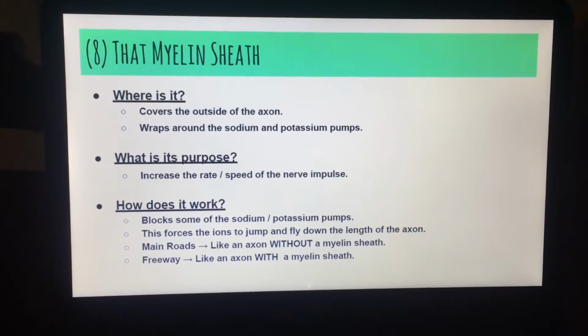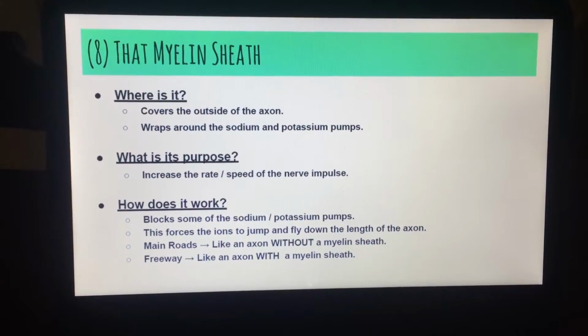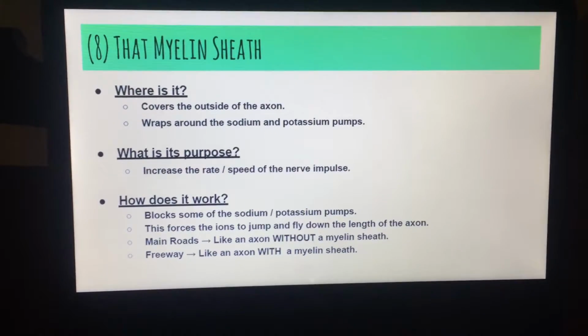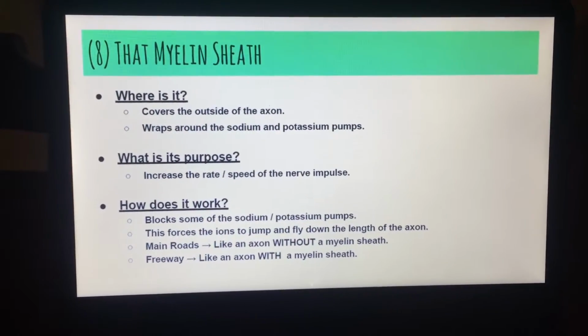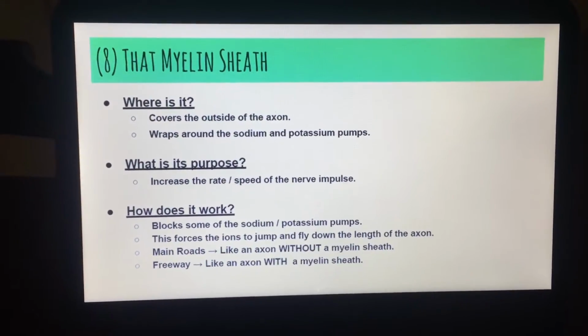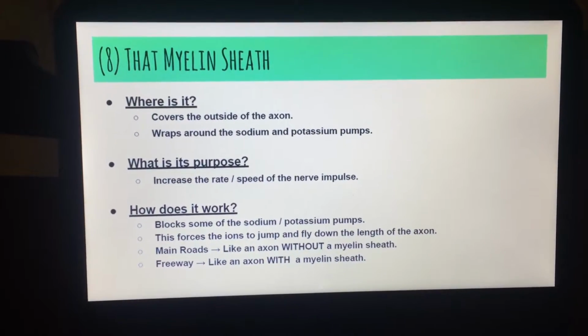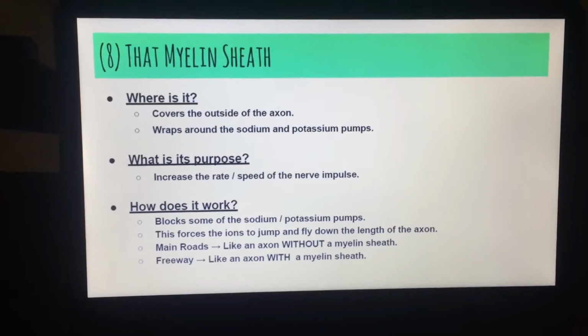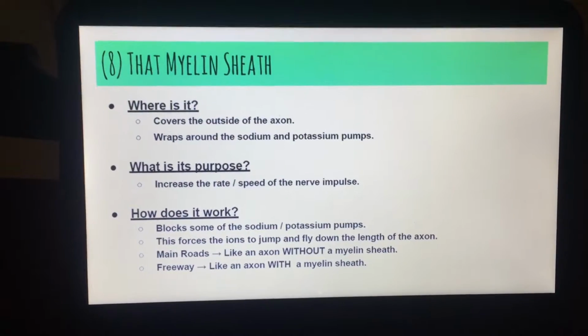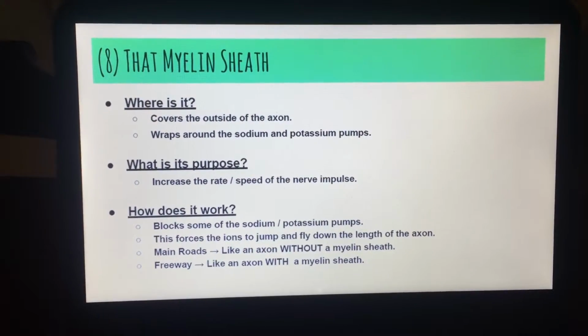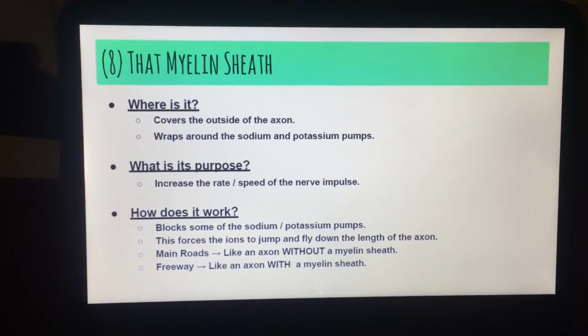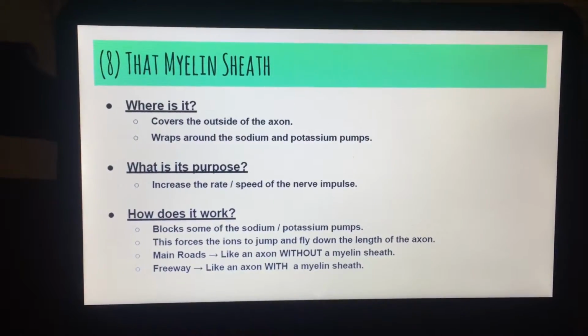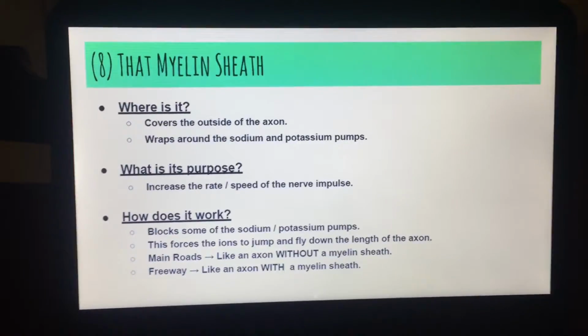That's exactly how the sodium-potassium ions move when there's a myelin sheath. They move in or out in their one pump, and they fly down the length that's covered until they reach the next opening. Again, this allows them to just travel at a much faster rate. It gets the job done much faster, and that is how the myelin sheath actually helps increase the rate or speed of the nerve impulse.